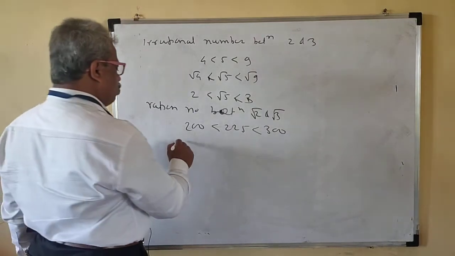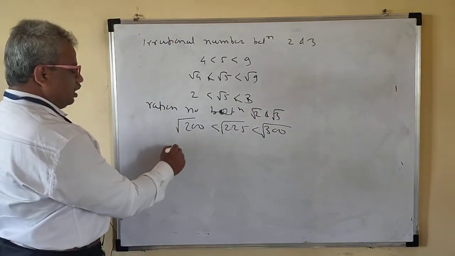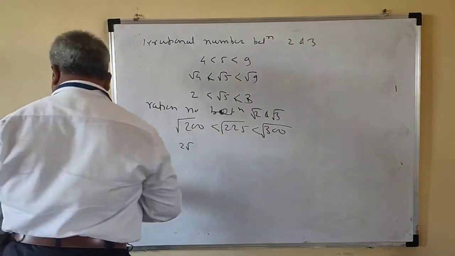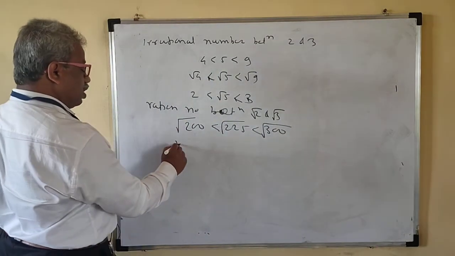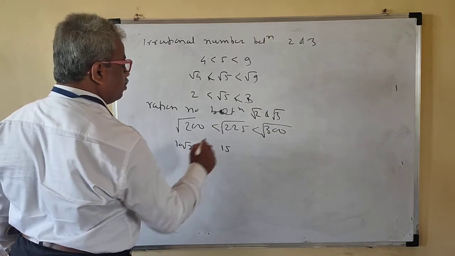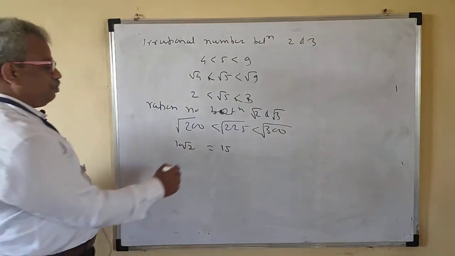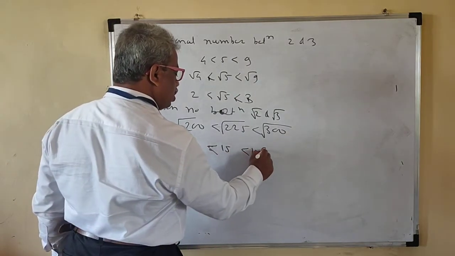So now I can take the root on all sides. So this is 10 root 2, and this is 15, and this is 10 root 3.